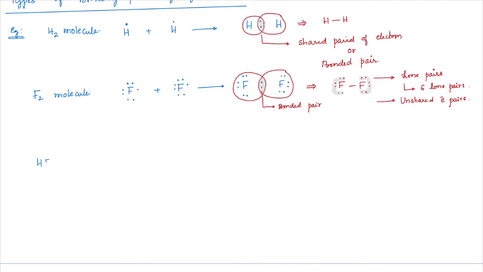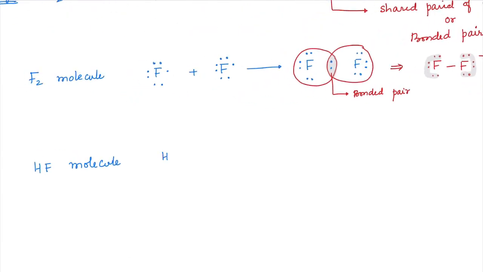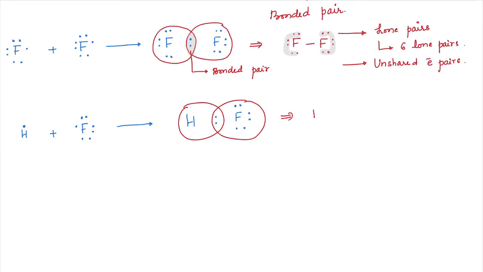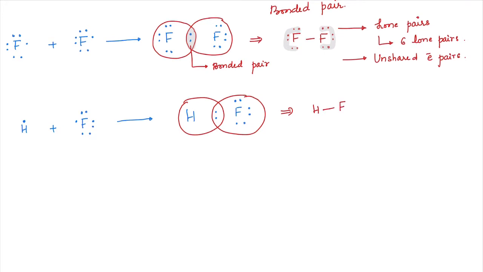If you talk about HF or HCl molecule, which is quite similar. Now here H dot and F dot can be used this way to showcase that there is a bonding between hydrogen and fluorine, with fluorine still having 6 electrons left on it. So you can see that hydrogen has 2 electrons, fluorine has 8 electrons in it, and this is how the bond is happening, showcasing that there is a single bond existing between H and F, with fluorine still carrying 3 lone pairs.